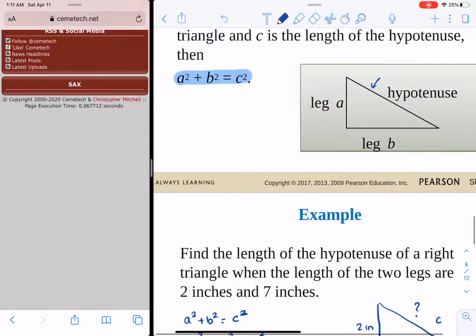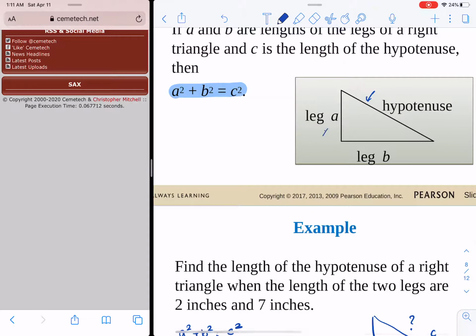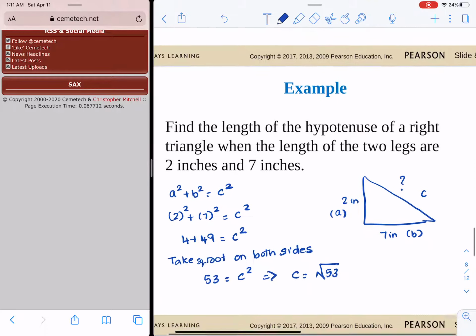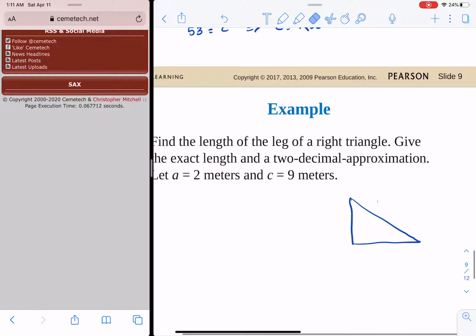If you look at the figure here, leg A is that side, leg B is that side, and the hypotenuse is that sloping line. A is given, which is 2 meters. C is given, which is 9 meters, but we do not know B.